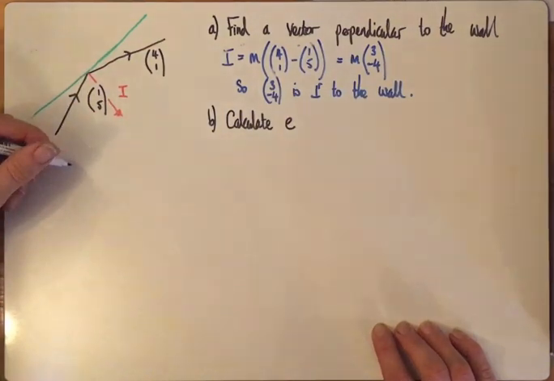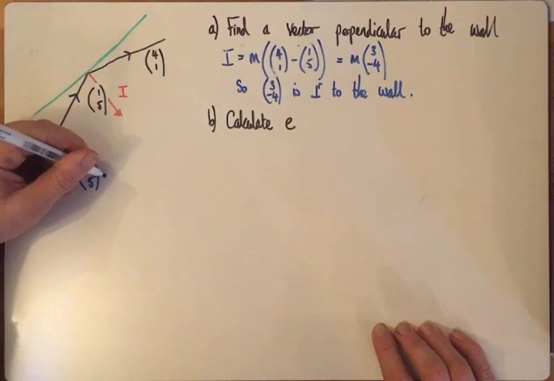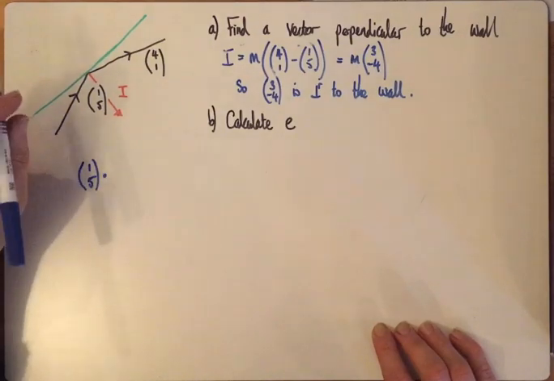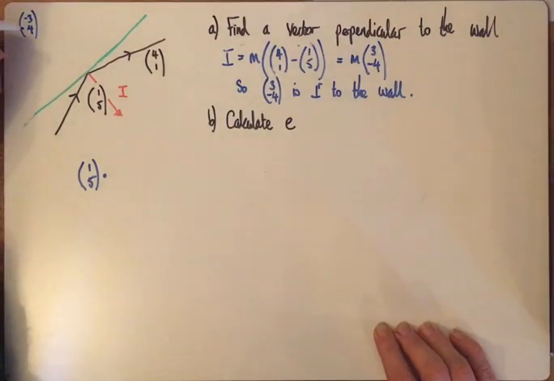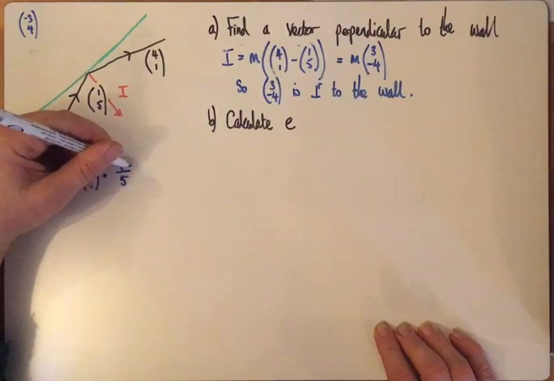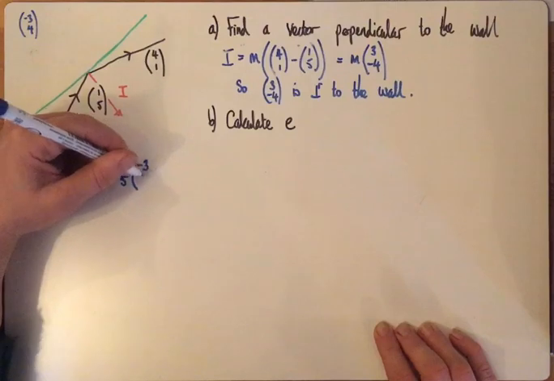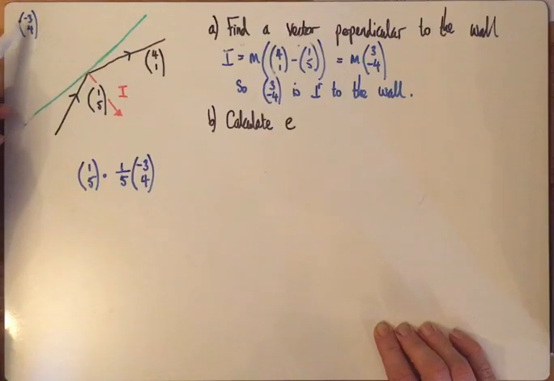So what I want to do is 1.5 dotted with a unit vector travelling in the direction of minus 3, 4. So you need to divide by the modulus. So I'm looking at the square root of 4 squared plus 3 squared, which is 5. And that's now a unit vector direction travelling in this direction.